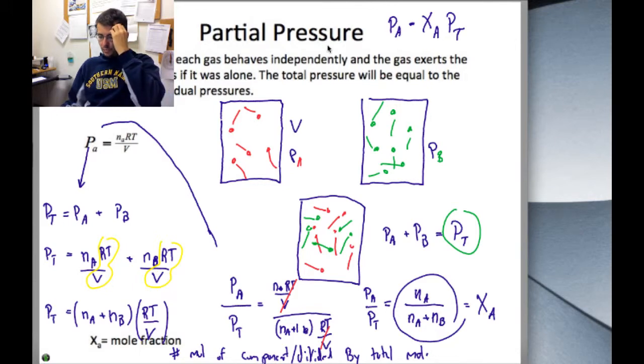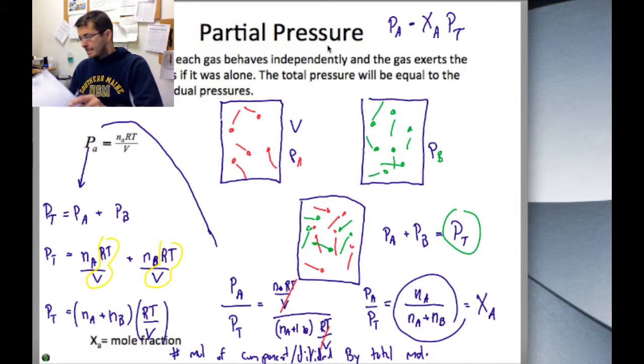All right, so that allows us to scale our pressure. What's nice is we can count the number of moles of gas, and from that fraction, we can figure out the pressure. The converse of that is also true. If we know the pressure contribution of a gas, we can calculate its mole fraction, or the number of moles present.